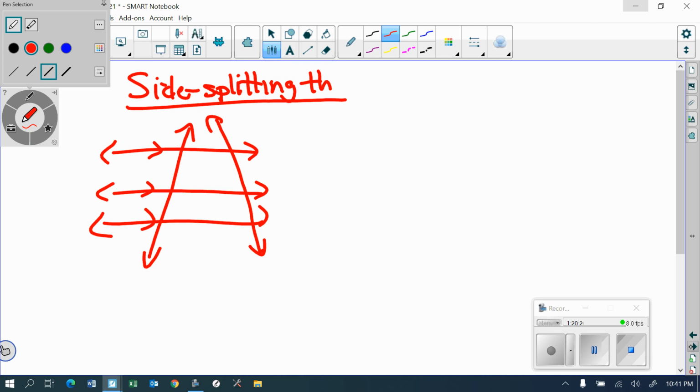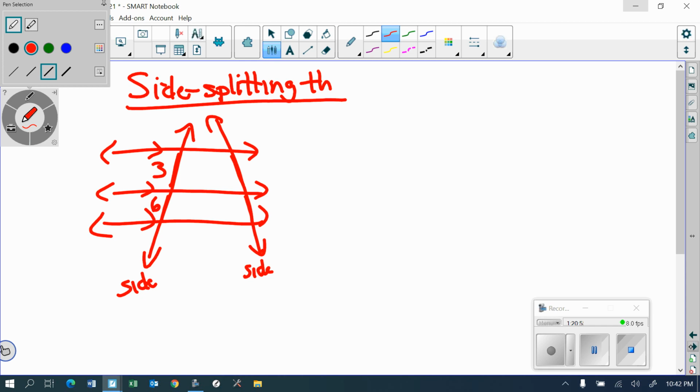Then what is side splitting? So these transversals would be considered the sides. Splitting. They're splitting the parallel lines. Okay. So these sides, each segment will be a piece of a side. Okay. They are proportional. So let's say this is 3 and this is 6.